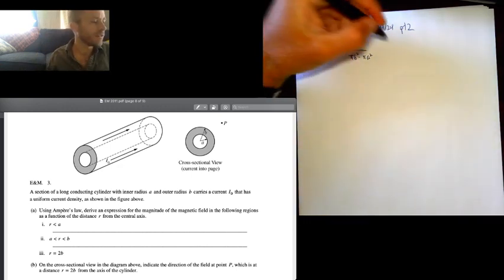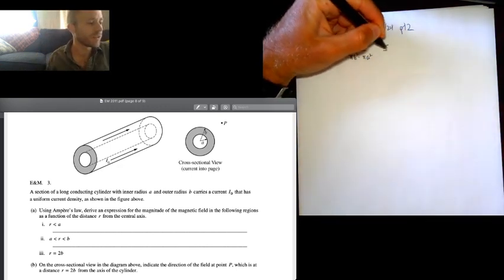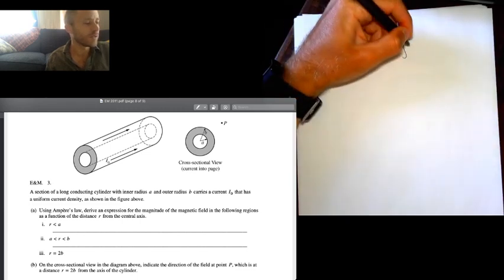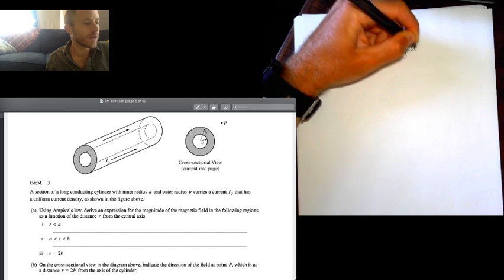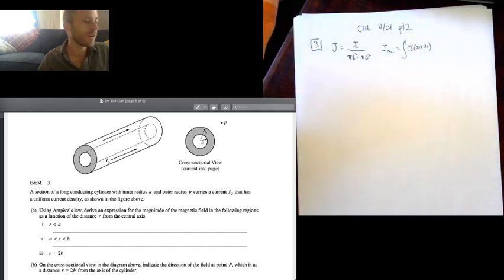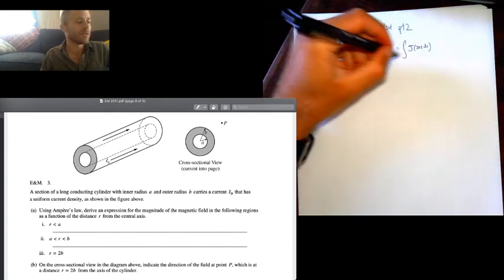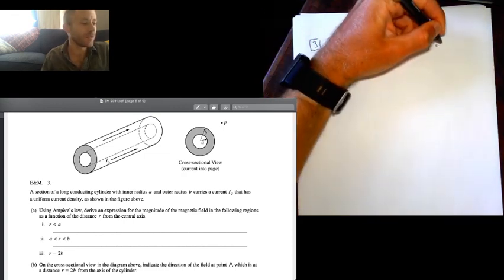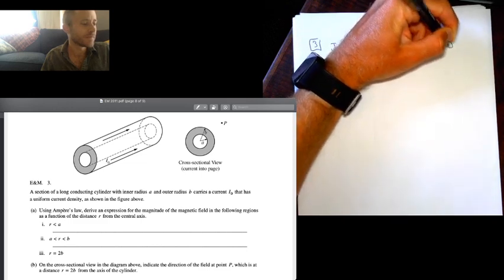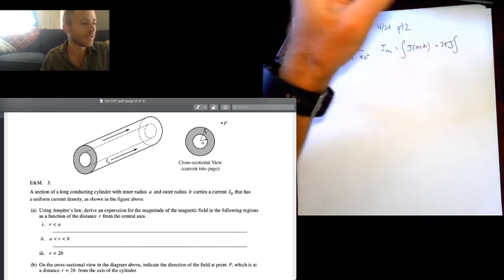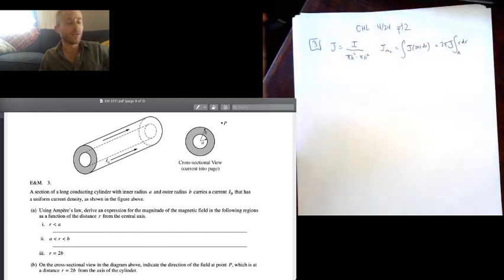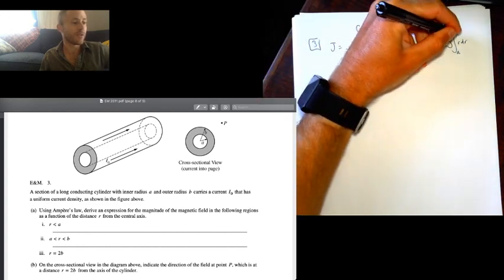And let's figure out what is the current enclosed. You might recall that the current enclosed is the integral of J times 2 pi r dr. All right. J is a constant, so we just get 2 pi J times the integral of r dr from the inner radius A to whatever the outer radius is.